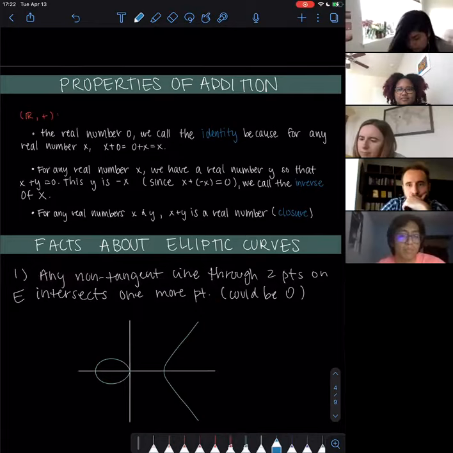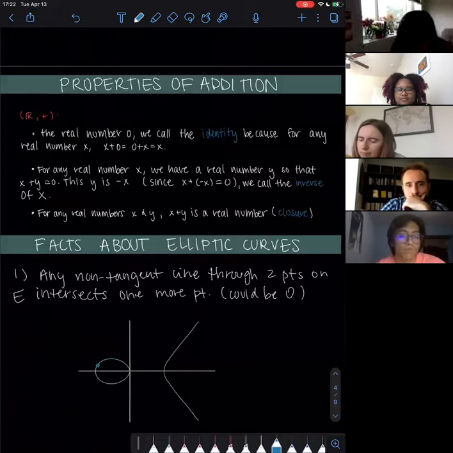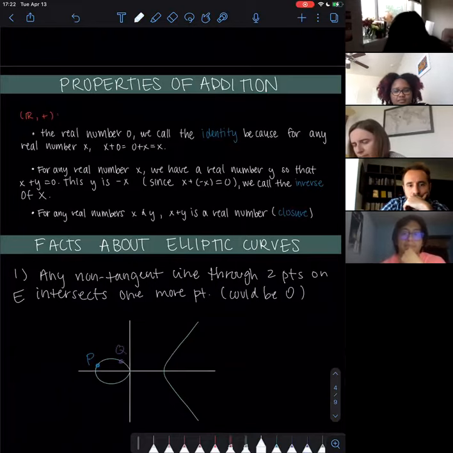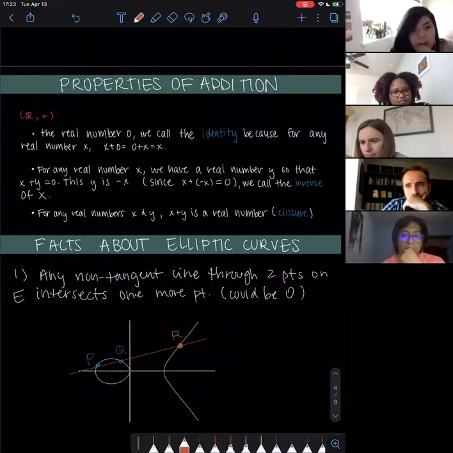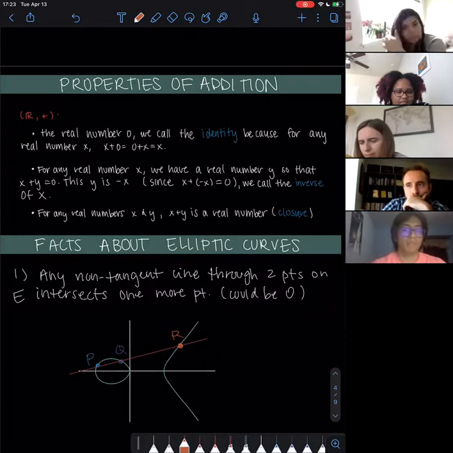So let me pick this point here, P, and this point here, Q. And so we're told that the line through these 2 points will intersect the curve at one other point, right? Let's call that point R. And we'll use this later on when we actually define what we want our addition to be.